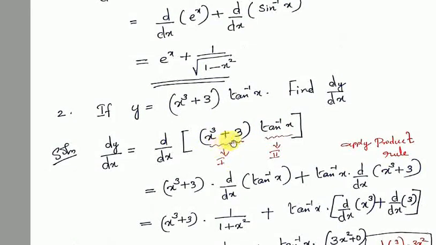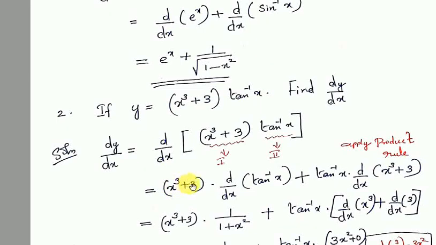So x cube plus 3 we can consider as one term, tan inverse x as another term. In between there is no sign here. So one term into another term, one function into another function. So we can apply the product rule.